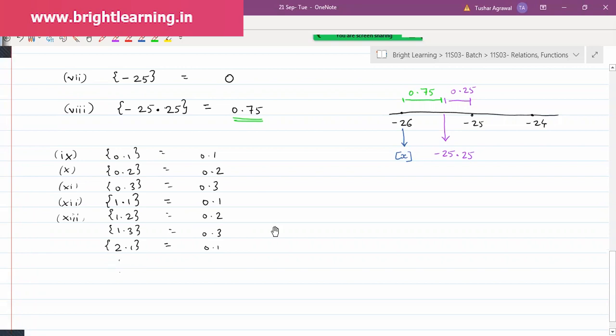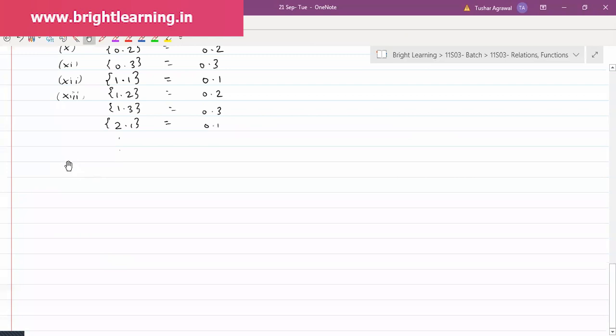So now if I tell you to draw the graph of f of x equal to the fractional part of x.